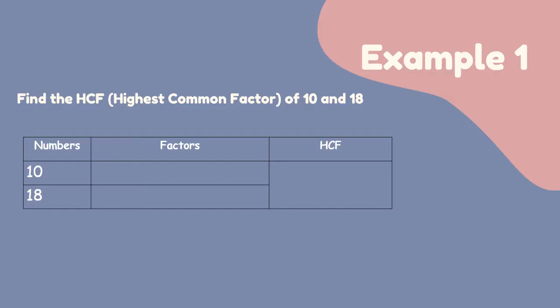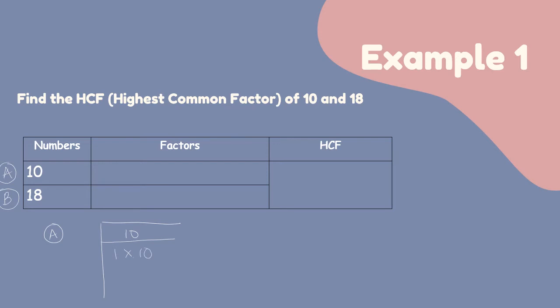Example 1. Find the HCF, or highest common factor, of 10 and 18. As usual, first thing first, we need to find the factors of these two numbers. So let's just label them with this is number A and this is number B. So first thing first, we need to find factors of 10. So start with a big F, 10. Remember, we always start with number 1 because 1 times the number gives the number itself. So 1 times 10 gives 10.